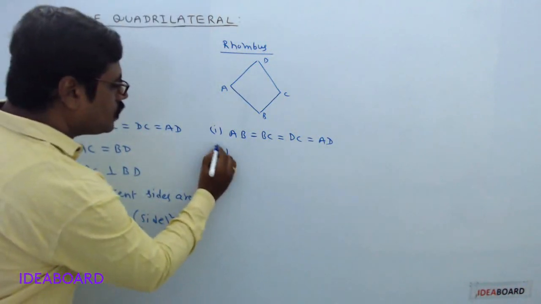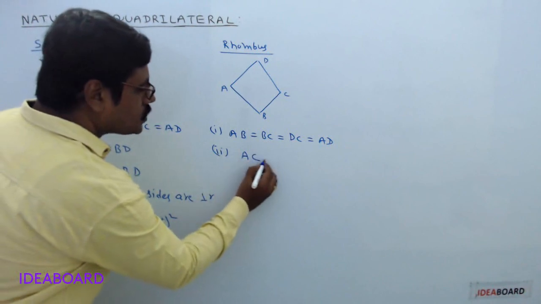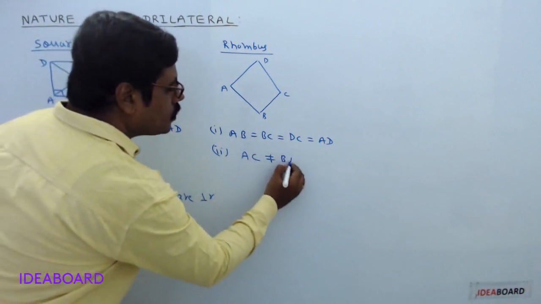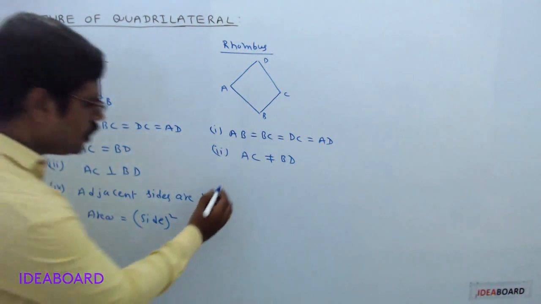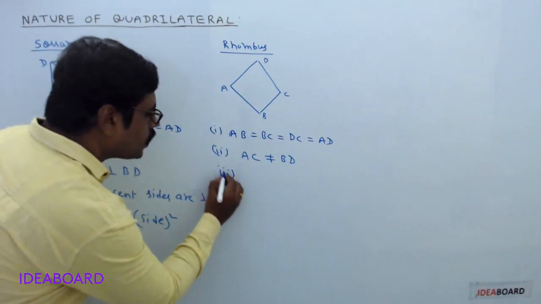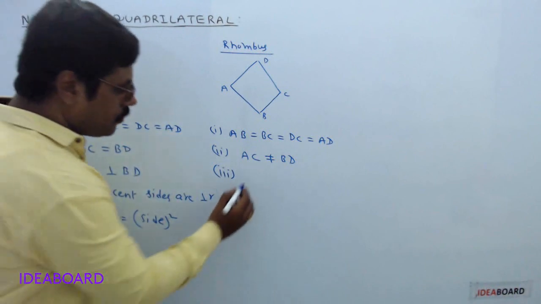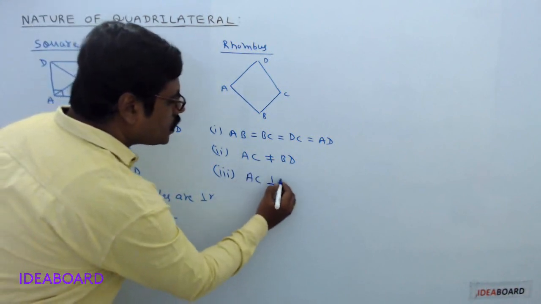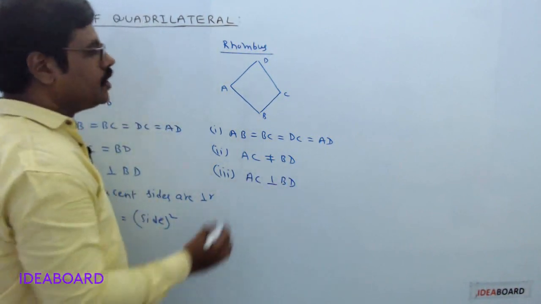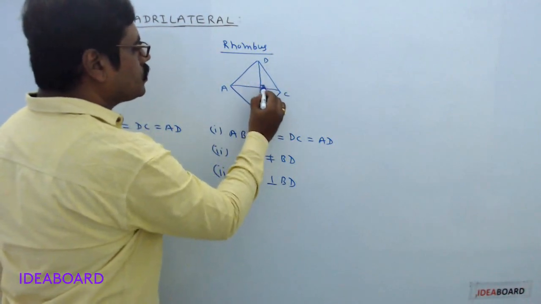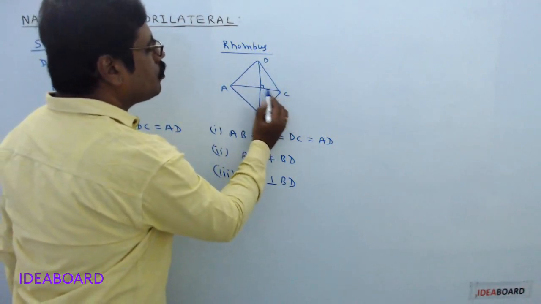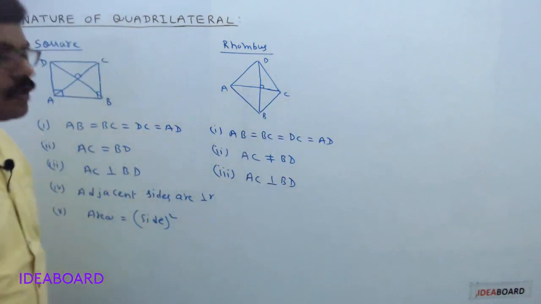Second condition, diagonals are not equal. So it means AC not equal to BD. Third condition, diagonals are perpendicular. It means AC is perpendicular to BD.